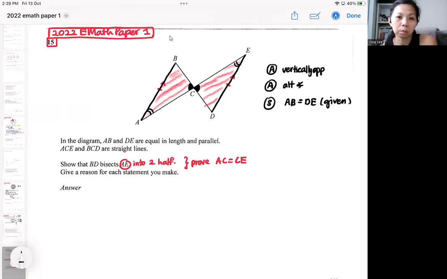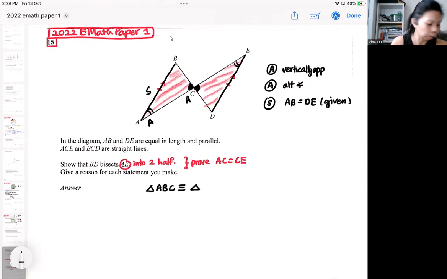So I will need to arrange. What will be the test that is sufficient to prove the congruency? So you'll be AAS. So I will be able to prove that triangle ABC is congruent to triangle EDC. Make sure your alphabet match.